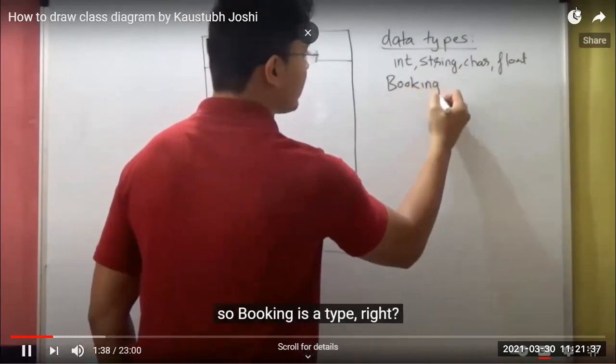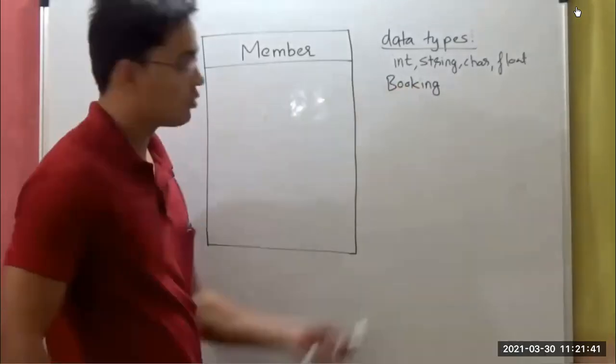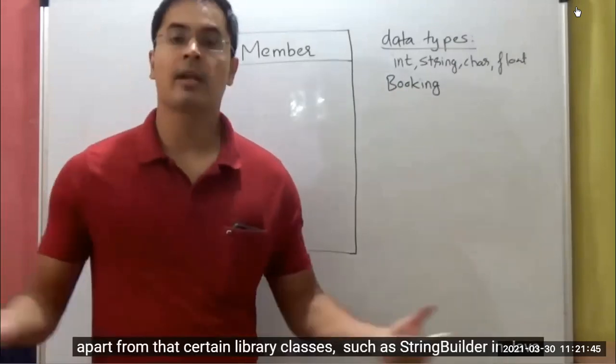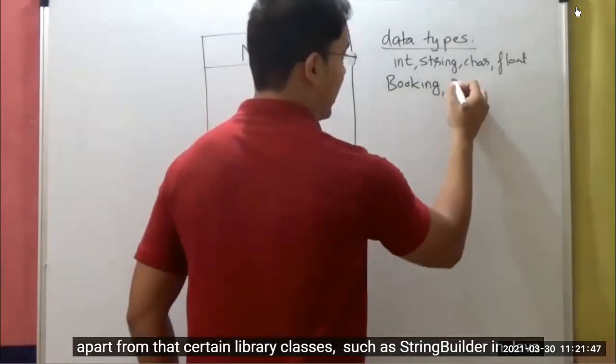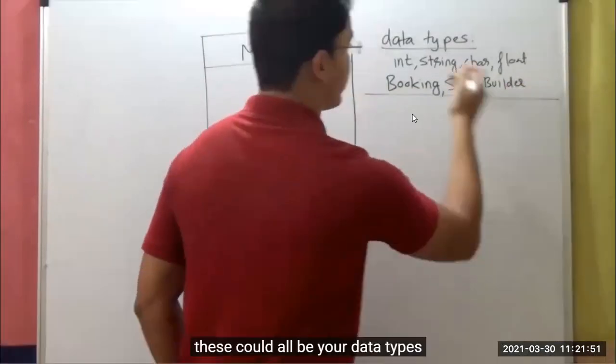So Booking is a type, right? You could have a data member of type Booking. So it's also a type. Apart from that, certain library classes. For example, in Java, you have StringBuilder. So this could all be your data types, right?